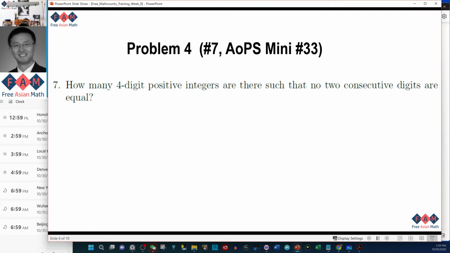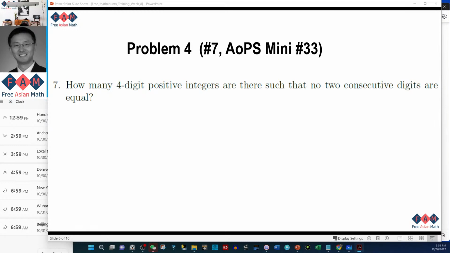Okay, how many 4-digit positive integers are there such that no 2 consecutive digits are equal? Okay, this is a really good example for constructive counting. Otherwise, think about casework. If you do casework, well, how can you classify all the cases?